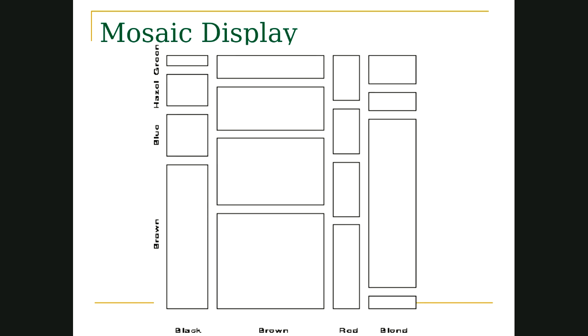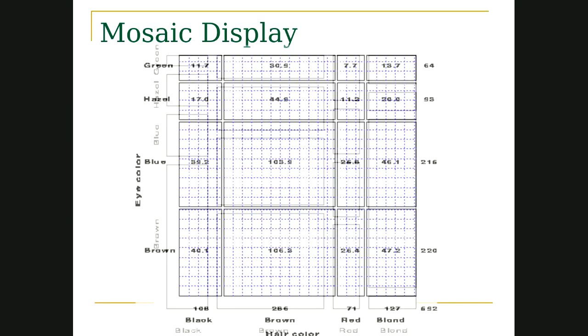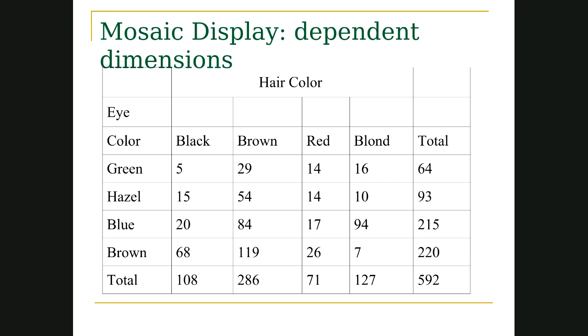Now here, if we look at hair color brown and blue eyes, there's only 84. How did that happen?